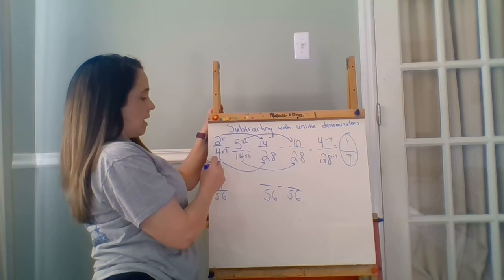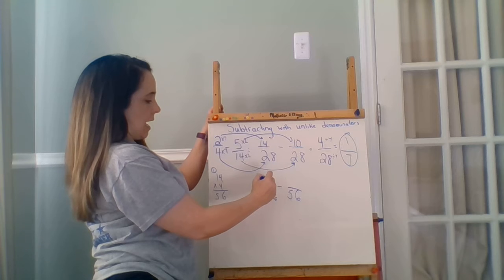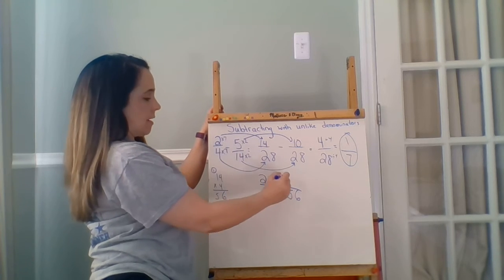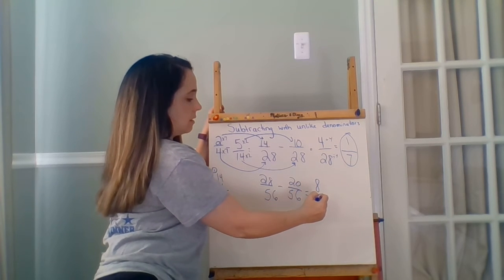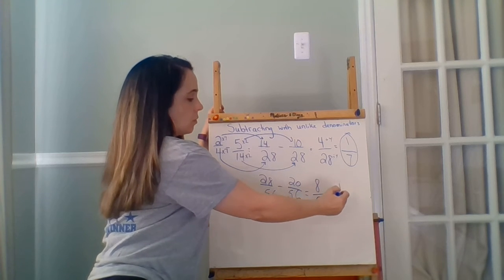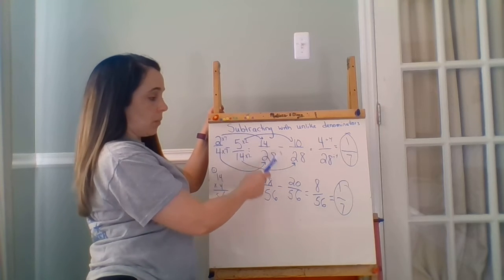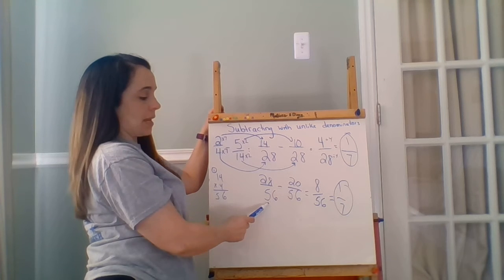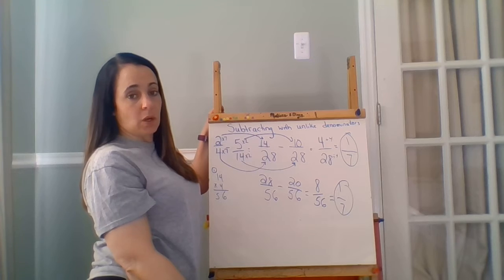Okay, then in doing that, you'd have to do 2 times 14, which of course is 28, and 14 times 4, which means you have to do 5 times 4, which is 20, becomes 8 over 56, which of course still becomes 1/7. My point is, either way works, whether you found the least common multiple or you multiplied your denominators. Either way, so long as when you simplify, you get the same answer, 1/7.